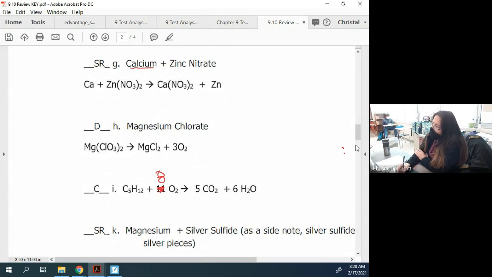It's on the left side of my periodic table. When I'm looking at team metal, I go to my activity series on my reaction type sheet, and I see that calcium is listed above zinc, which means that calcium is going to sub in for zinc. So zinc's going to go and sit on the bench by itself, and calcium's going to go into this compound.